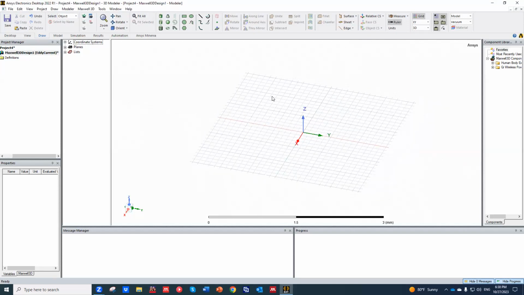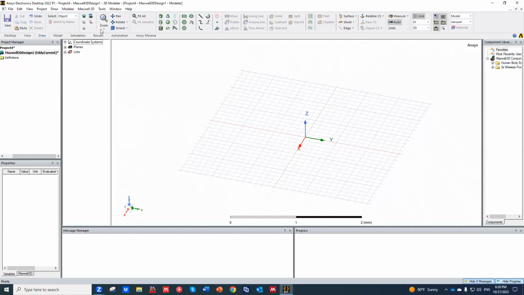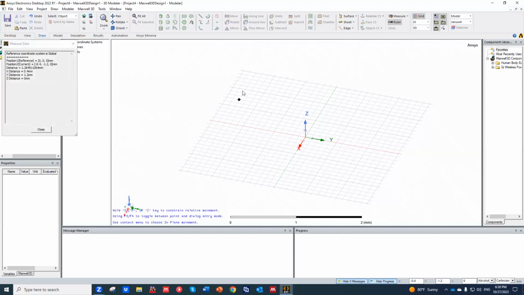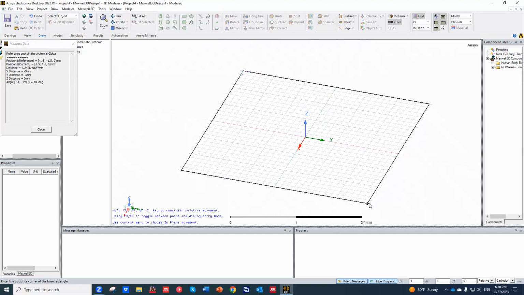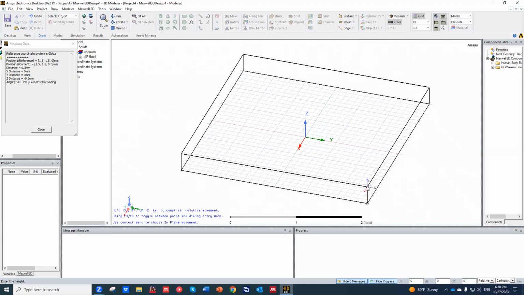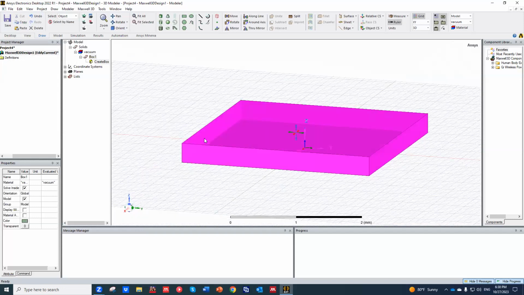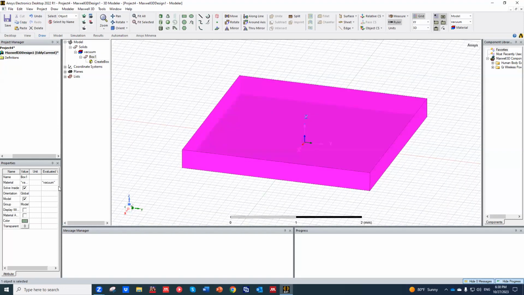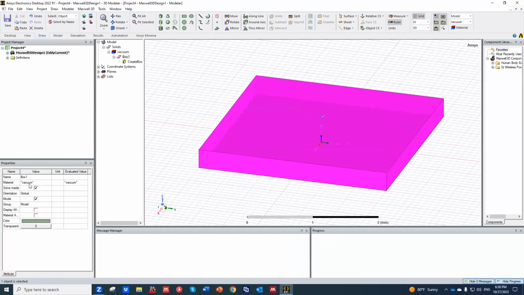So first of all, we need to draw the metallic slab. Okay, so I draw the box in the XY plane like this, and give it some thickness. My metallic slab will be made of copper.